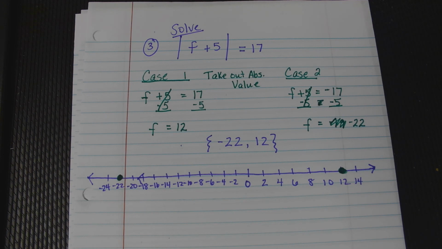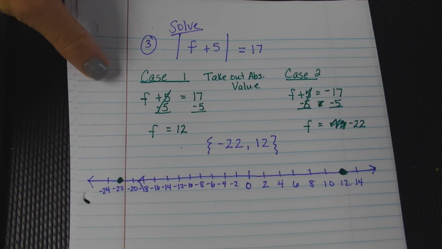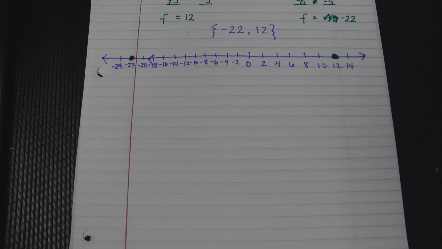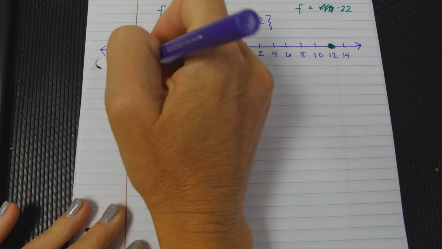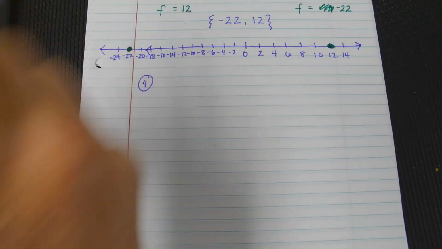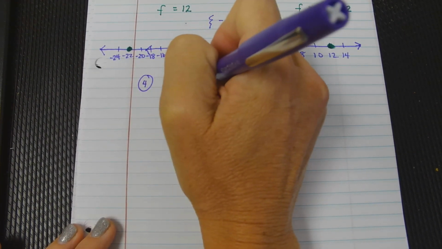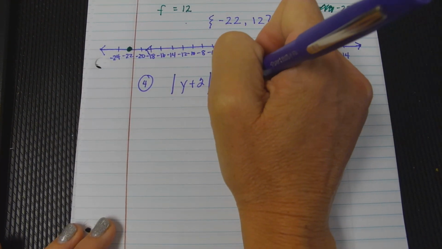All right, let's do one more though. So I'm going to do number 4. Absolute value, y plus 2, close absolute value, equals 4.